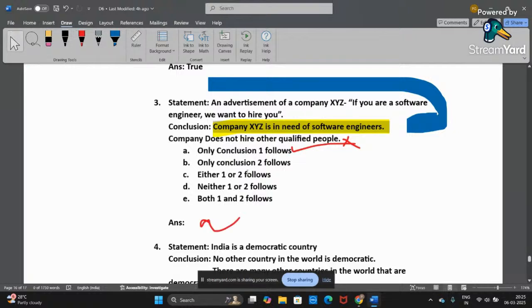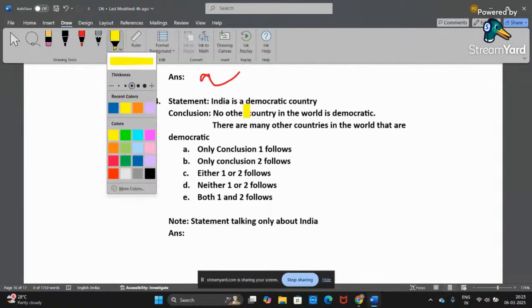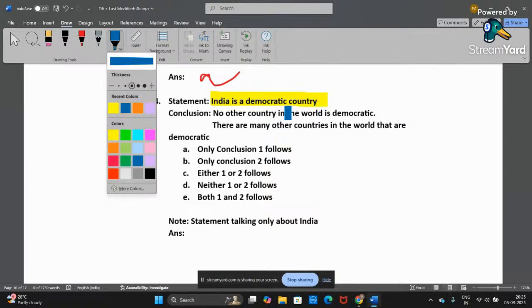Now let's move on to the next. India is a democratic country. This is the given statement. Conclusions: no other country in the world is democratic. There are many other countries in the world that are democratic.